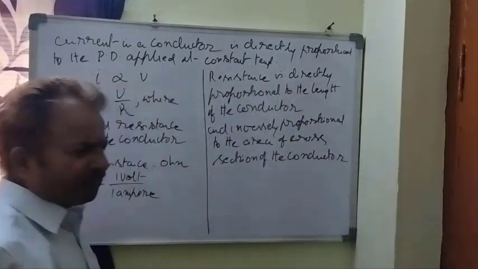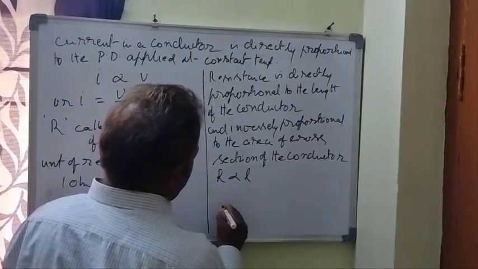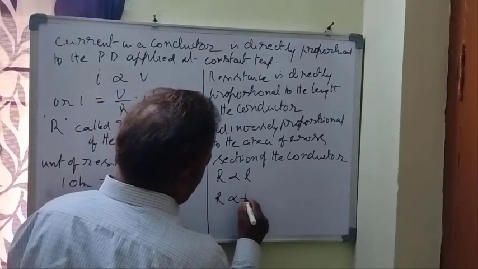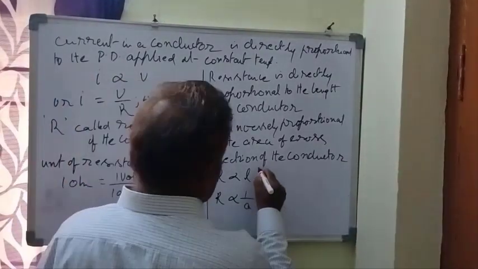Therefore, R is directly proportional to length of the conductor, and R is directly proportional to 1 by A. Inversely means reciprocal of area of cross section.